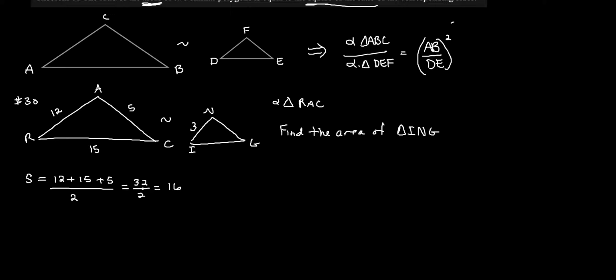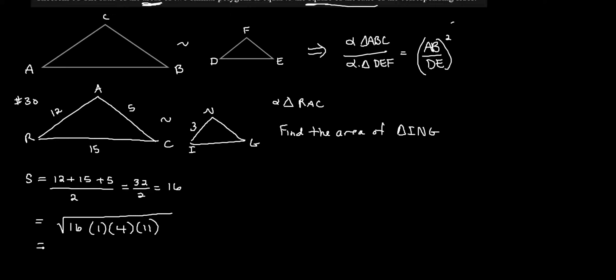That's just the beginning of this problem. And then we would find that the area is equal to the square root of S, which is 16, and then we subtract each side from 16. So we're going to have 16 minus 15 would be 1. 16 minus 12 would be 4. 16 minus 5 would be 11.